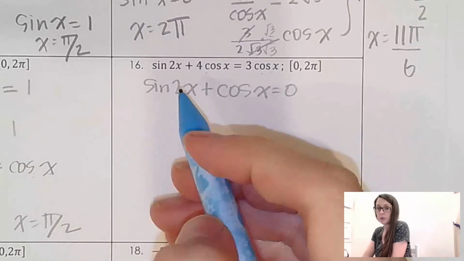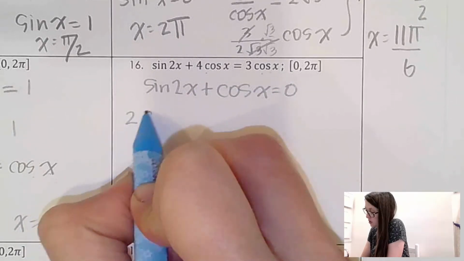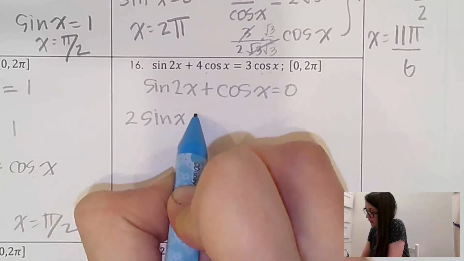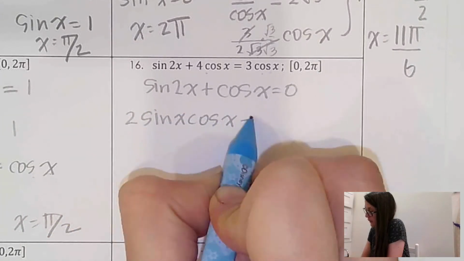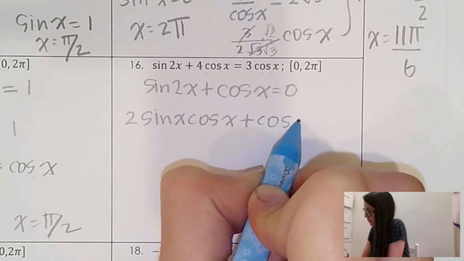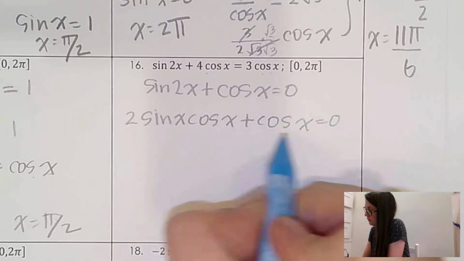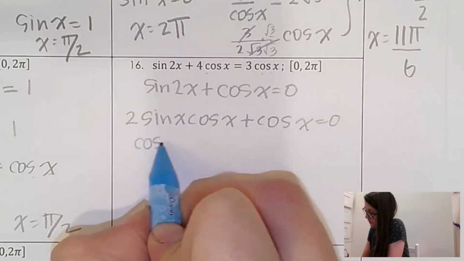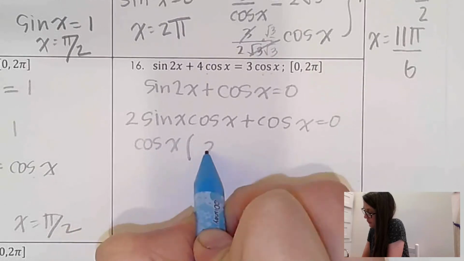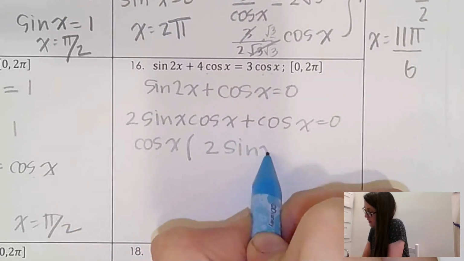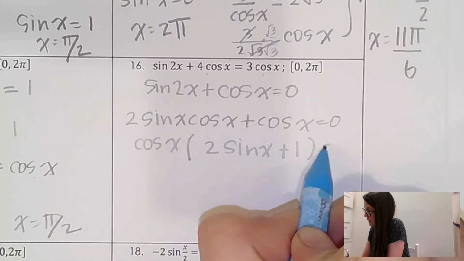Sine of our double angle is the same thing as 2 sine of x cosine of x. Now what about this one? Can I factor something out here? I can factor a cosine. So if I take a cosine of x out, I will be left with 2 sine of x plus 1 is equal to 0.